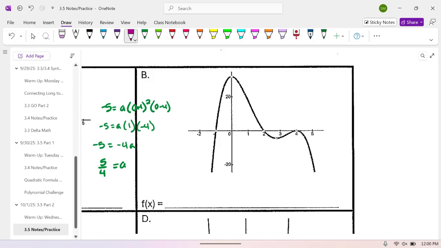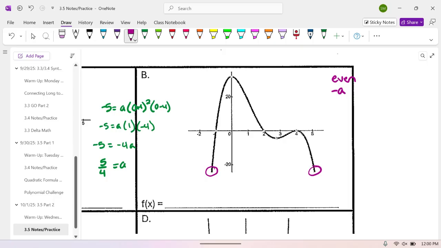If it's the same direction, then it's even. Now, Dylan, do you think it's going to be a positive or negative even function? Is it going up or down? The tails. Down. So it's an even function with a negative a value. And again, we get that from the two tails. They're going in the same direction and they're going downwards.